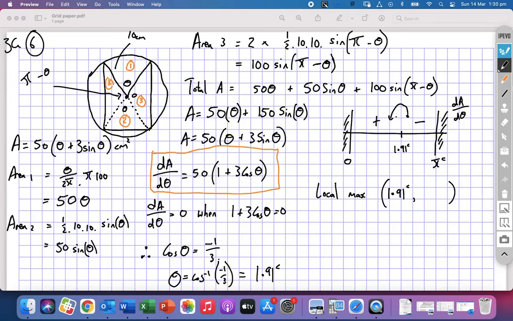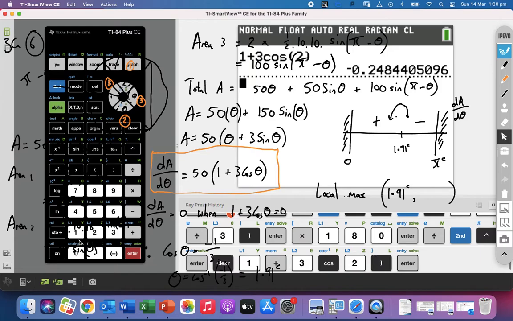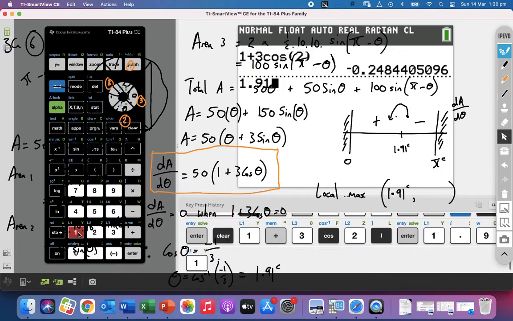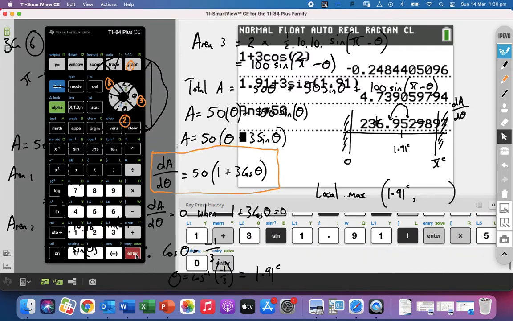We're going to have to go back to the original formula and plug it in. 50 times 1.91 plus 3 sine 1.91, and then that all has to be times by 50. Can you read it? It's a bit hard to read.